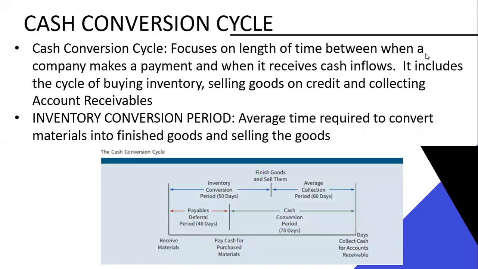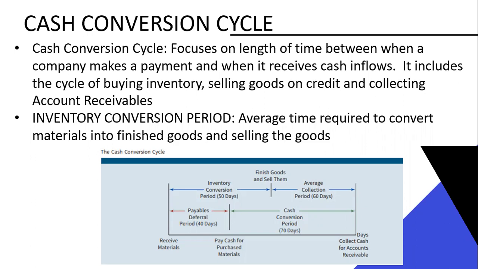Next, I want to talk about cash conversion cycles. The cash conversion cycle focuses on the length of time between when a company makes a payment and when it receives its cash flows. It includes the whole cycle of buying inventory, selling goods on credit, and then collecting the accounts receivable.